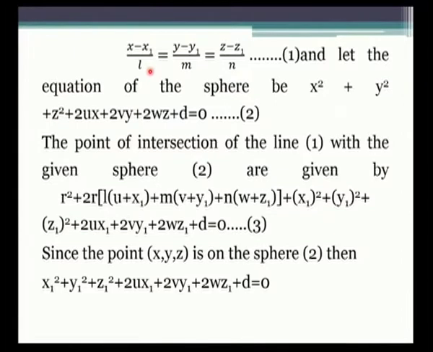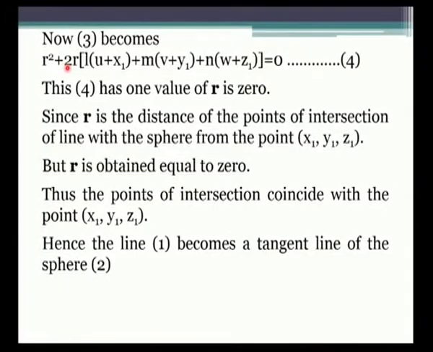So far we discussed how to get the value of r and how to show that the point of intersection coincides with the point x1, y1, z1. Therefore, the other point of intersection must also coincide with x1, y1, z1, for which the other root of equation 4 must be 0.